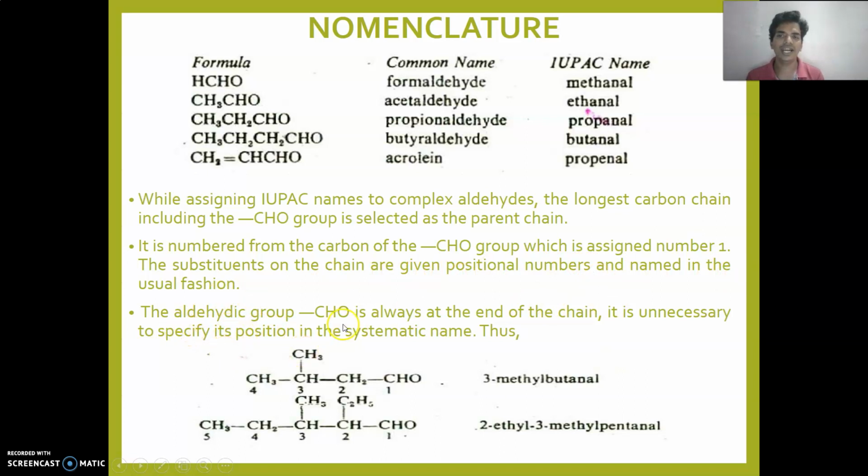The aldehyde group is always at the end of the chain, so it is not necessary to specify its position in the systematic name. So with a methyl group at the 3 position, it is 3-methylbutanal. The longest chain is butane and at the first position is CHO. Another example is 2-ethyl-3-methylpentanal.